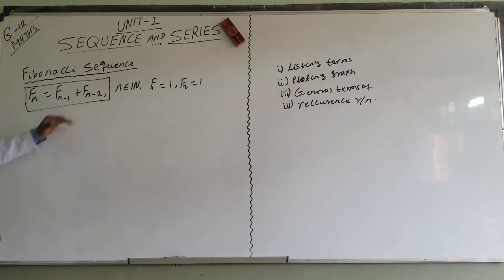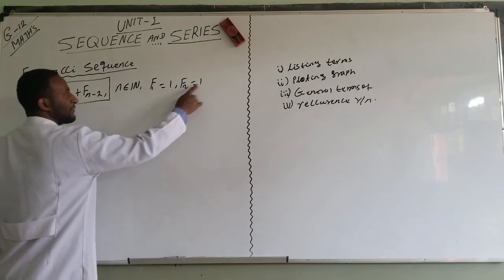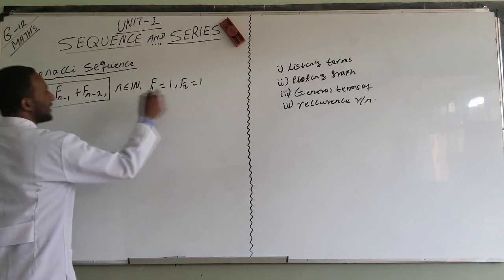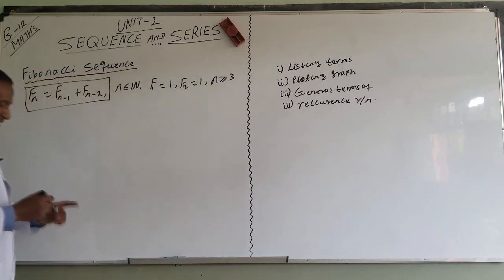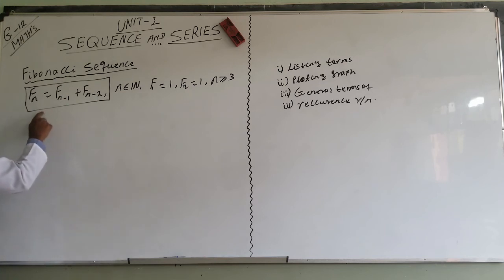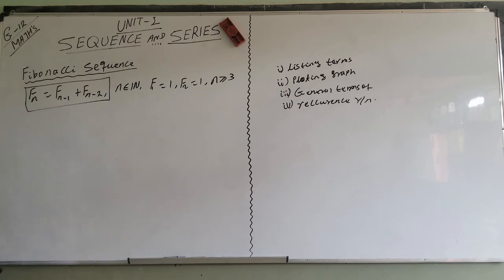In this Fibonacci sequence, our initial condition is f1 equals 1 and f2 equals 1. Then n must be greater than or equal to 3. That means n starts from 3, because 1 and 2 are given as initial conditions.